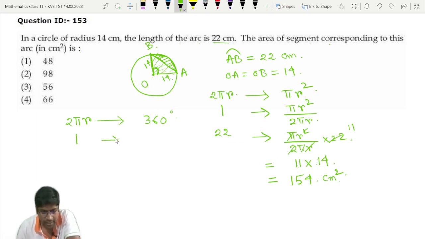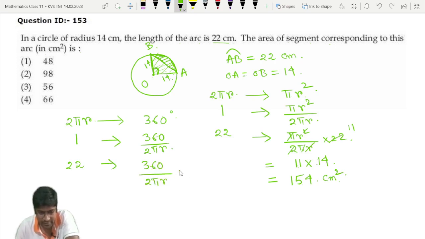So 1 centimeter will subtend 360 degree divided by 2 pi r, and for 22 centimeter, arc AB is 22 centimeter. So 22 centimeter will subtend 360 degree divided by 2 pi r into 22.